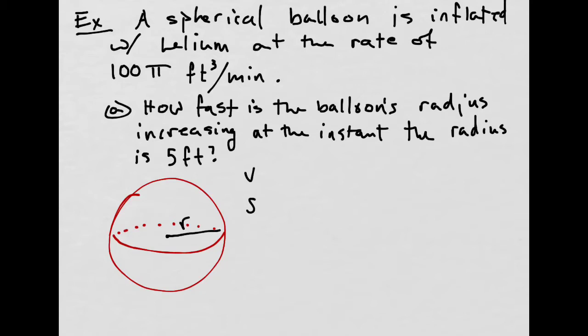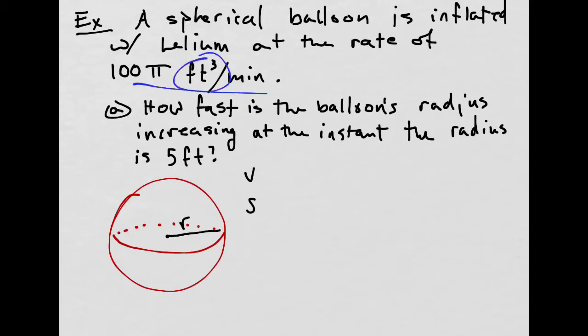Now all of these things are changing with respect to time. And then the next thing I'm going to do is write down the rates that are given to me. There's one rate given, and that's the rate at which the balloon is being inflated: 100 pi cubic feet per minute.